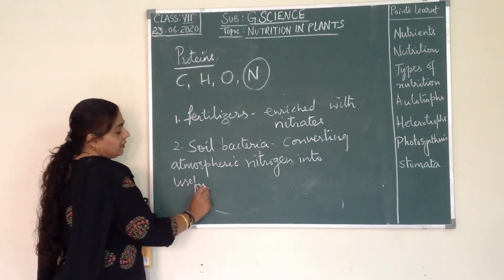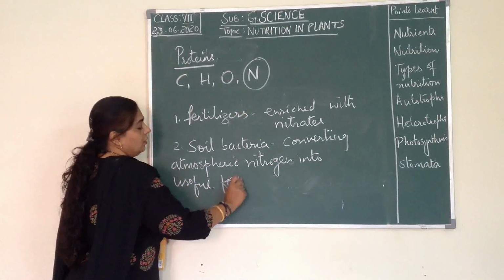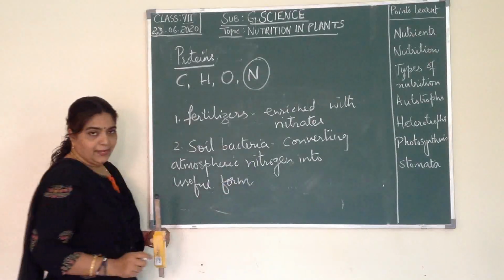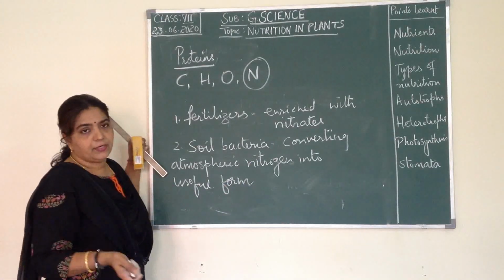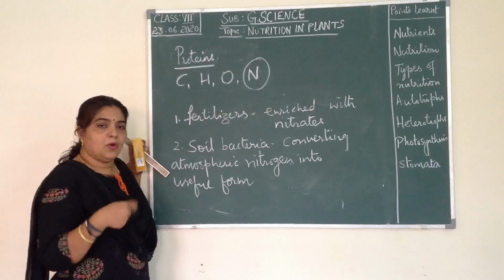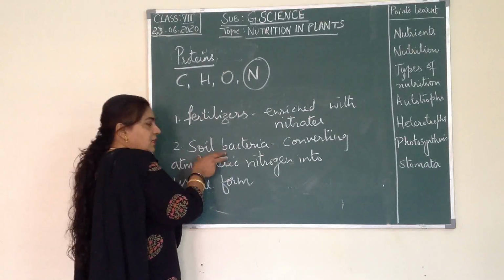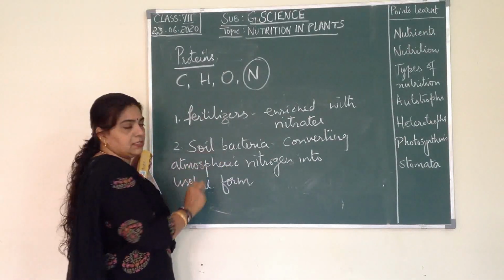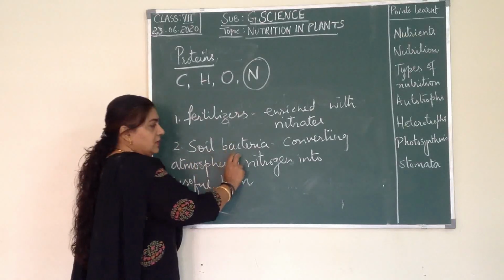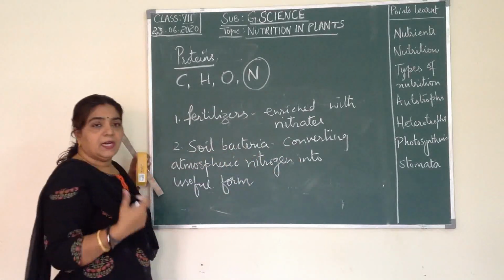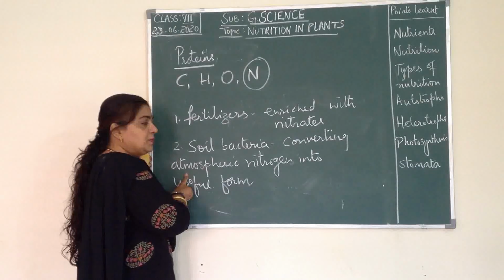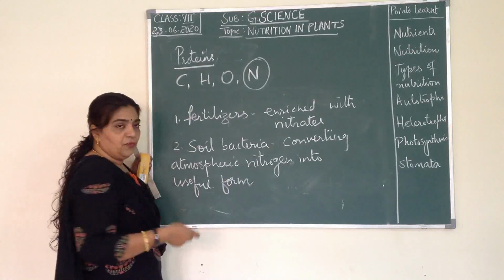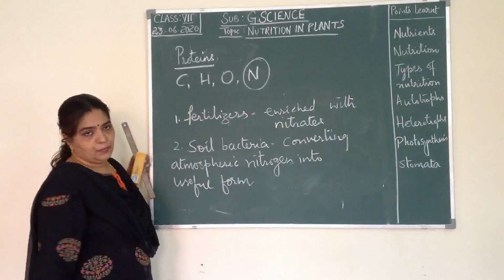See, atmospheric nitrogen is not useful for the plants. Only it should be converted into nitrates form or compound form. So there are some good bacteria present in the soil. These bacteria will be converting the atmospheric nitrogen into useful form. Then the plants will absorb.